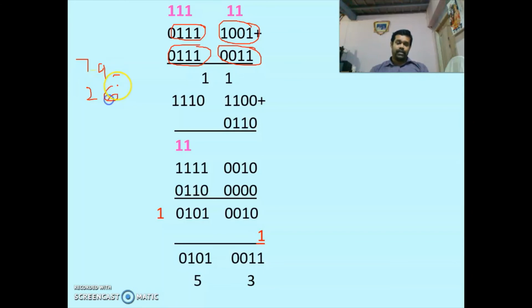What we have done is, first we have found the nines complement of this 26. The nines complement of this 26 is nothing but 73. So after finding this nines complement, we are adding 79 and 73. So this is 79 and this is 73.